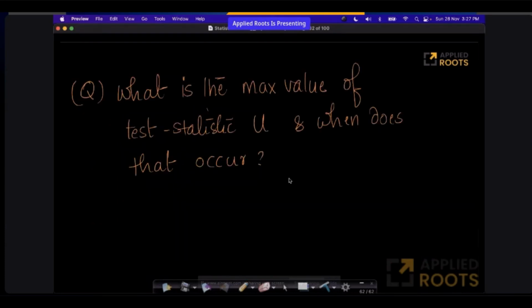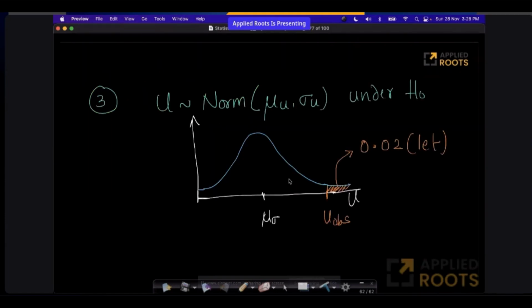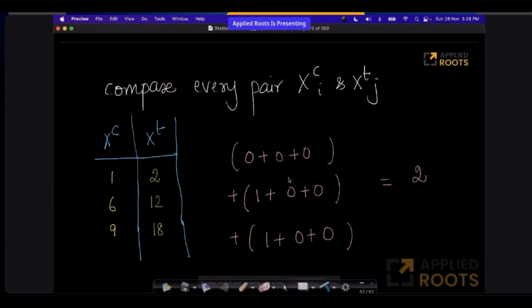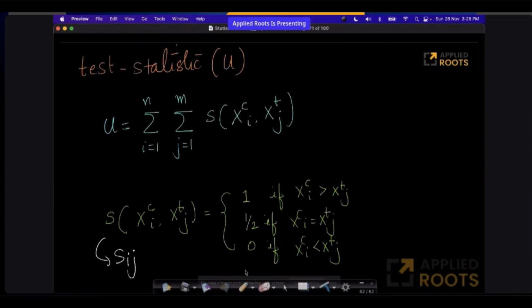Now I have a question for you. Let's go a little interactive now. What is the maximum value of the test statistic U, and when does that occur? Think about it. Let me show the formula for you. So the question here is, what is the max value of U, and when does that occur?